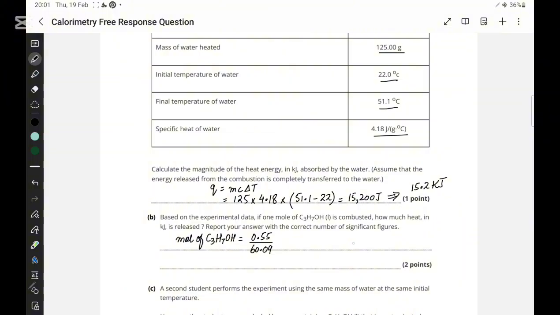For combusting 1 mole, we divide the heat, 15.2 kilojoules, by the moles of propanol, 0.55 divided by 60.09, and the answer comes out to be 1661 kilojoules per mole.